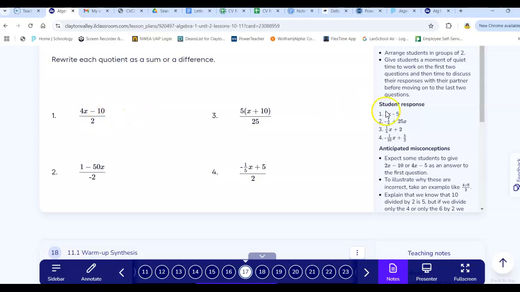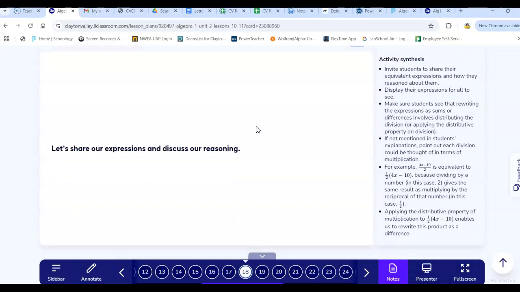Negative 10 divided by 2 is negative 5. Or you can multiply by the reciprocal of these numbers. You have choices. So that's how you do this warm-up.